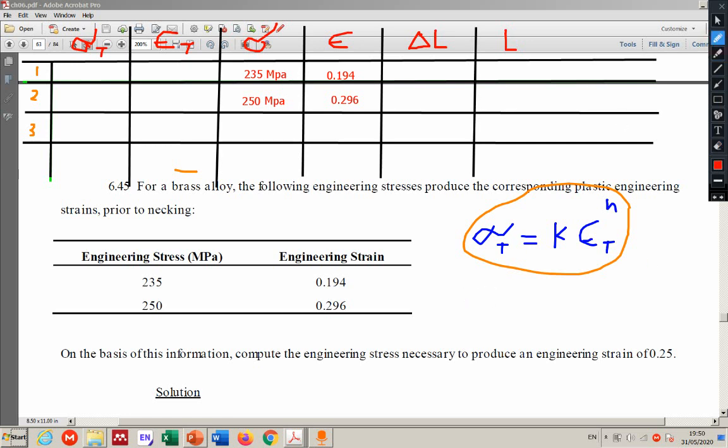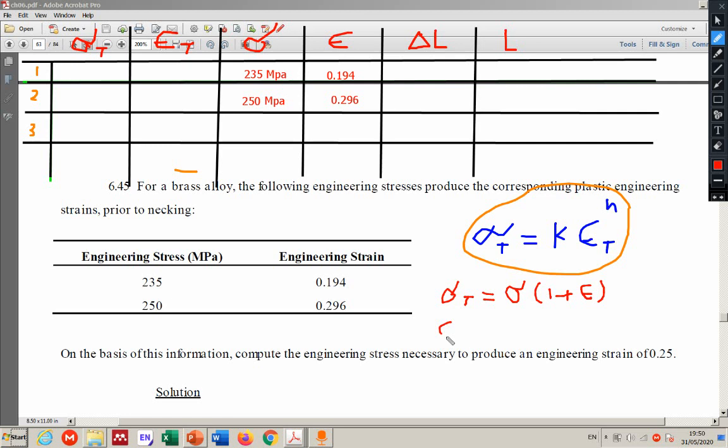We know that sigma true is equal to, if I'm not wrong, engineering stress times 1 plus engineering strain.